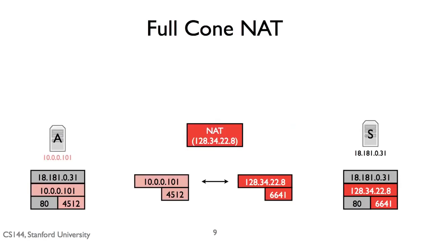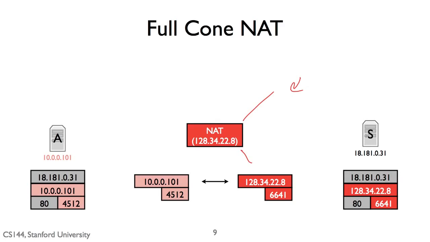The first kind of NAT is what's called a full cone NAT, and in some ways this is the one that plays the nicest. A full cone NAT is called that because it is the least restrictive in terms of what packets it allows to traverse a mapping. In that way, it's a full cone, and the things which are allowed in are large.